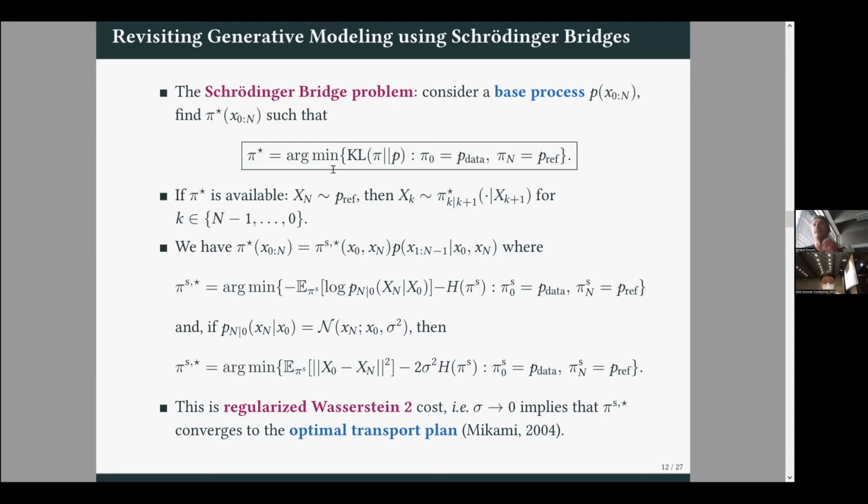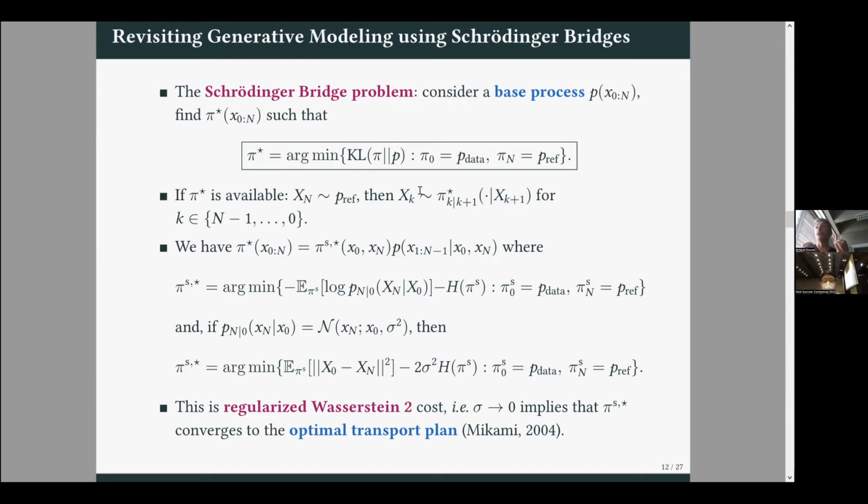Then I tell you the following thing. I could now use ancestral sampling on pi star. By construction, if I were to use ancestral sampling on pi star, I would obtain at time 0 a sample from p data, because the marginal distribution of pi star at time 0 is the distribution of the data.